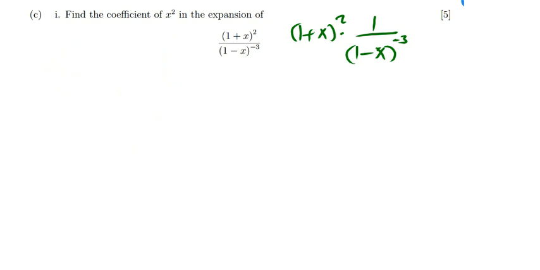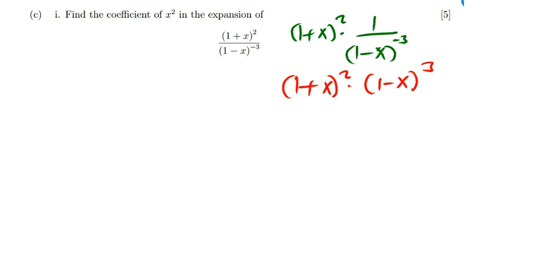So this is what is going to happen there. So here I'm going to have 1 plus x squared times, this negative is going to disappear now, 1 minus x to the power 3. Okay, meaning the negative has disappeared. Now we want to find the coefficient of x squared.